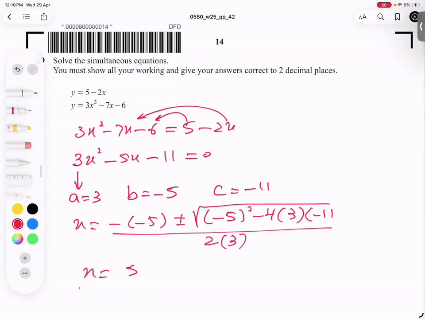If you check it in the calculator, the value inside the brackets is 25 plus 4 into 3 into 11, so 157. So 157 is coming inside the root over 6.